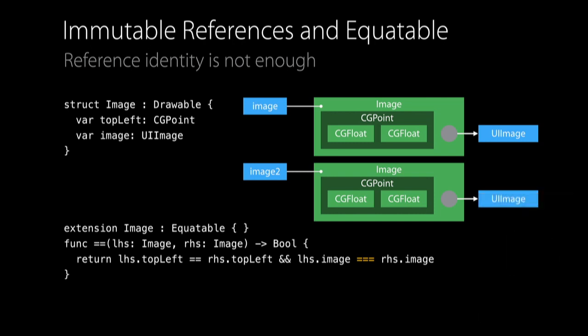We want those also to equate to being equal. In this case, since we're comparing the reference, they would not. So this would be falsely saying these two images are not the same. So instead, what we want to do is use the isEqual method that we inherit from NSObject on UIImage to do the comparison. So we'll be sure that that reference type gets the right answer on whether or not it's the same object or not.